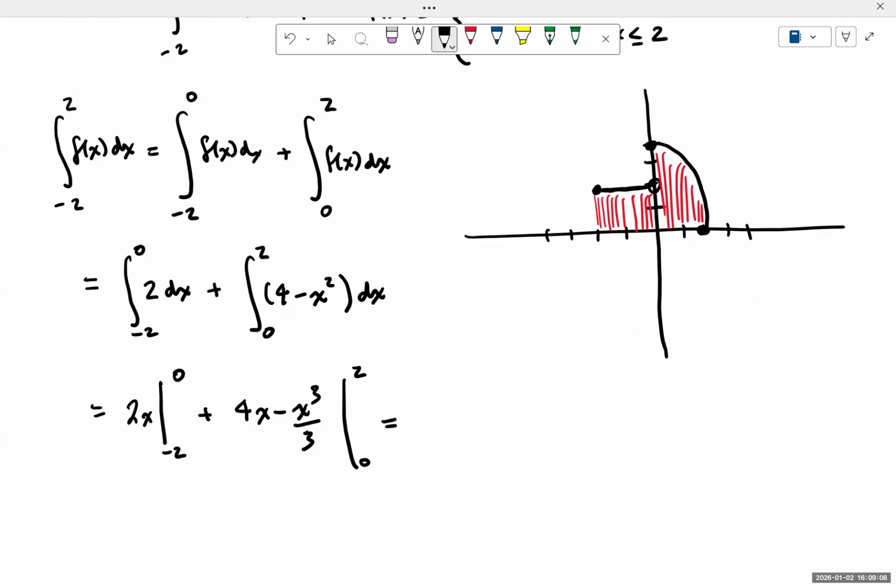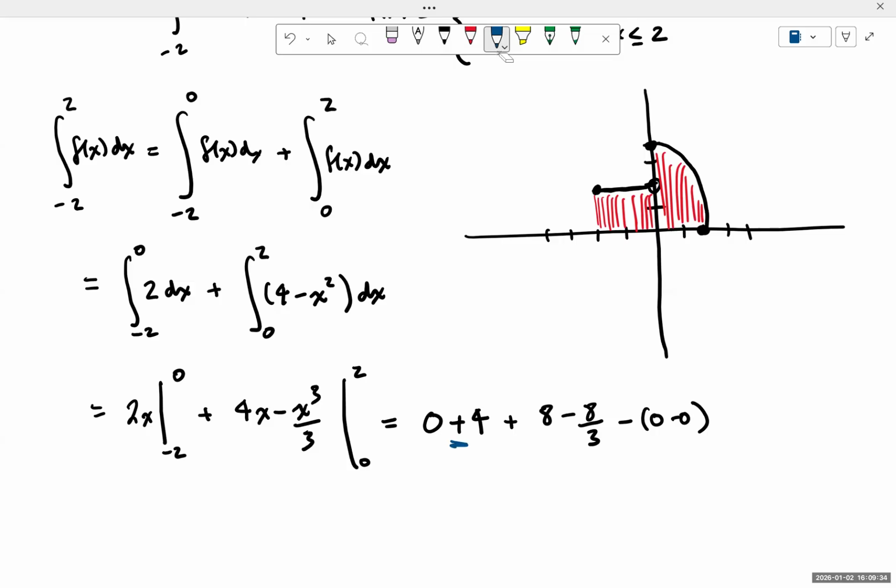So this is going to be 0 minus 2 times negative 2, which is 4, which you can just see from the picture. Plus 8 minus 8 thirds minus 0 minus 0.